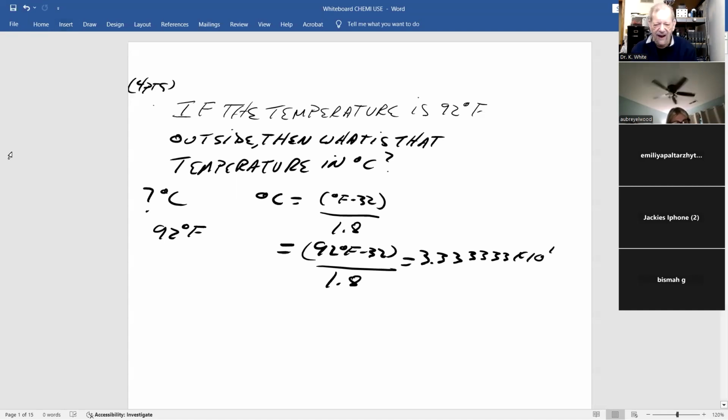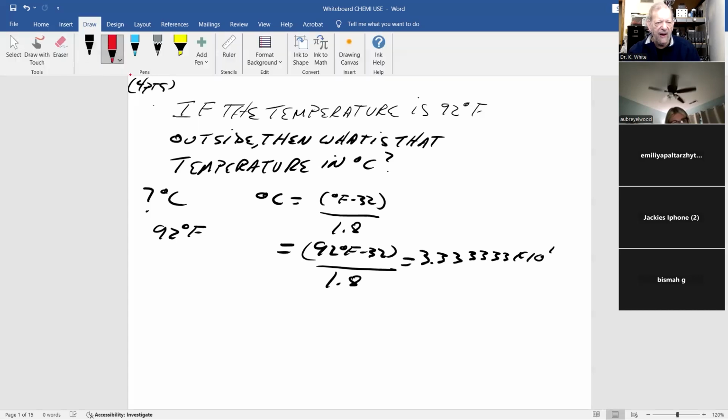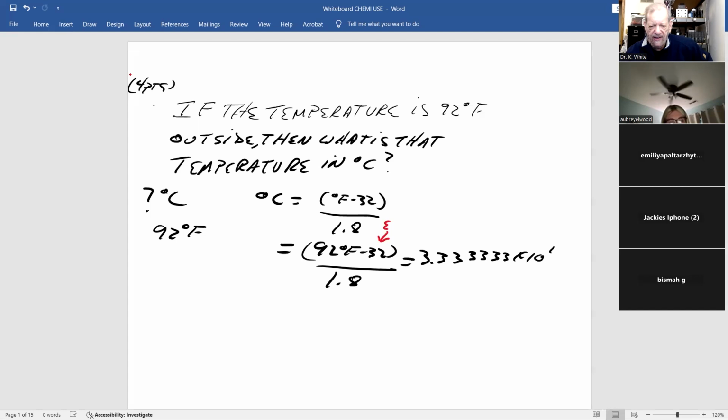All right. Now, if we look at this, after your name on quiz 2, it will say, please use proper significant figures for all calculated answers. 32 as part of the definition is an exact number. 1.8 is part of the definition of how you convert from one to the other. That's an exact number.